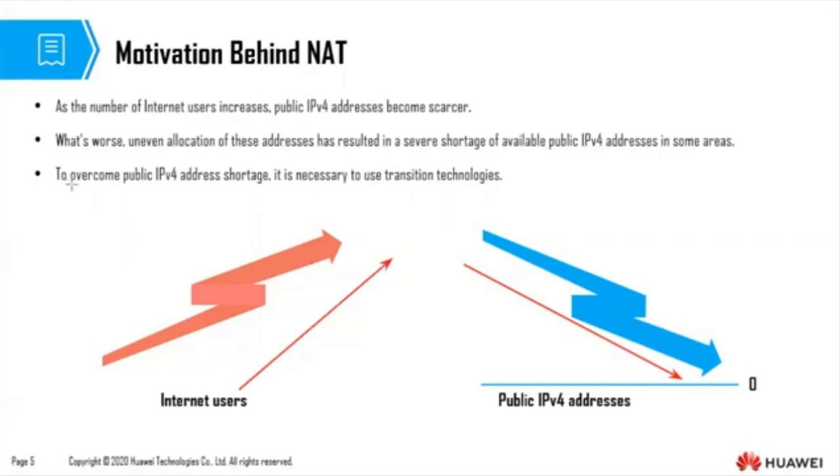So to overcome IPv4 address shortage, it is necessary to use what you call transition technologies. One of the transition technologies is NATing.